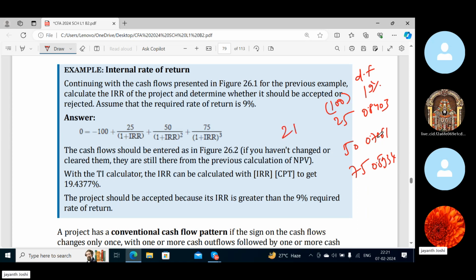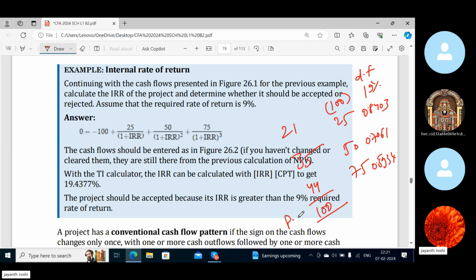I'm writing here 21. So let's add all these values. I'm exactly getting 100.